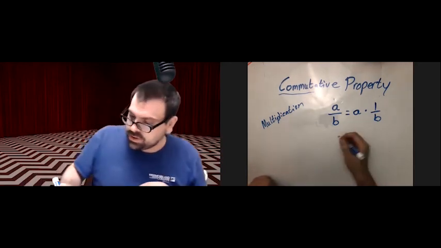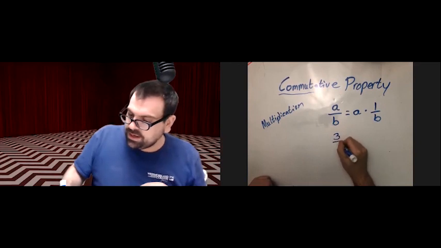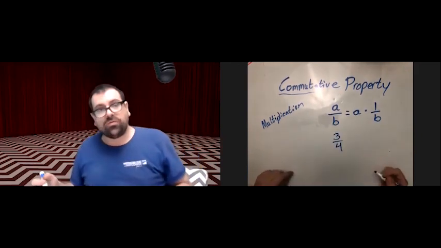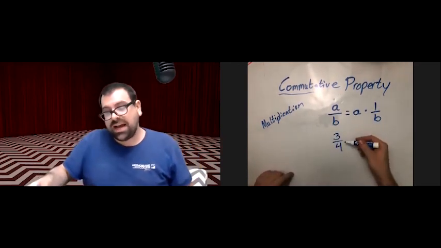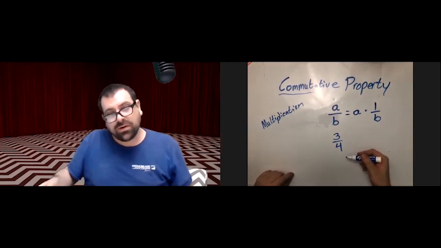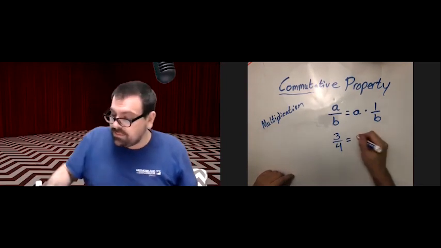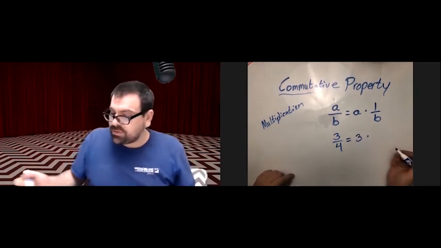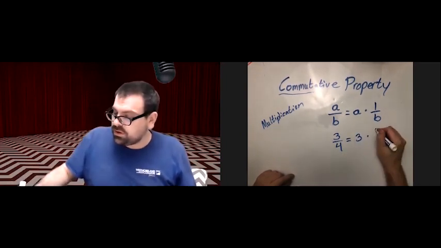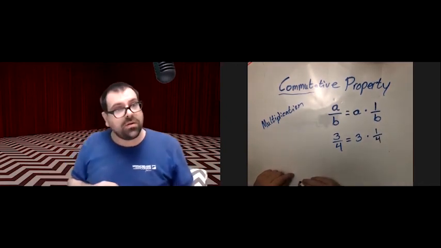So 3 over 4, 3 divided by 4, is the same as 3 times, what's the reciprocal of 4? 4 is 4 over 1. So if we flip that, 1 over 4.